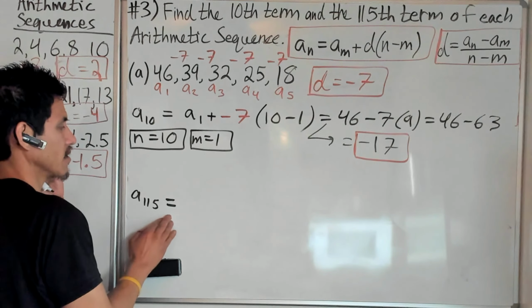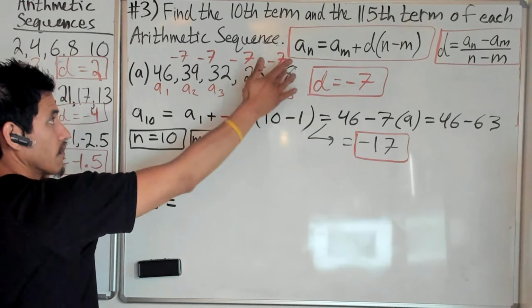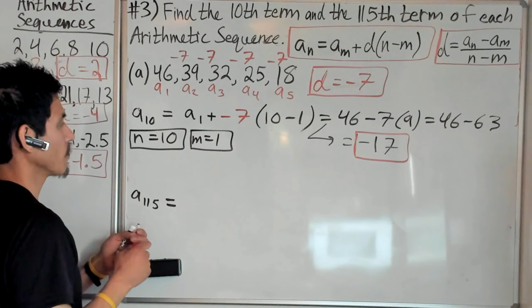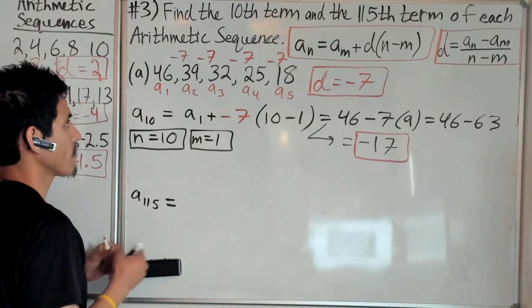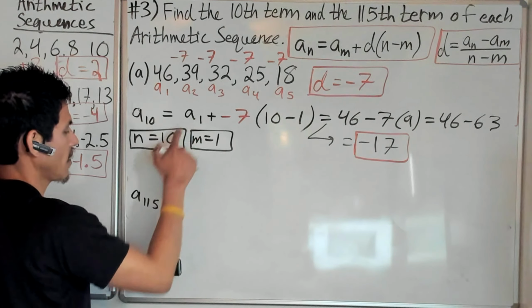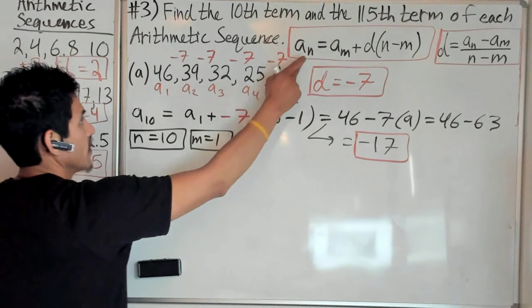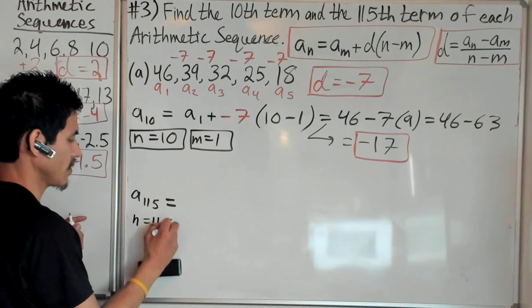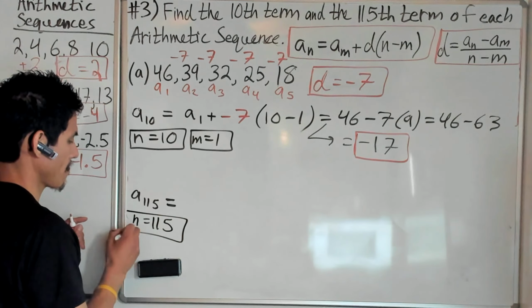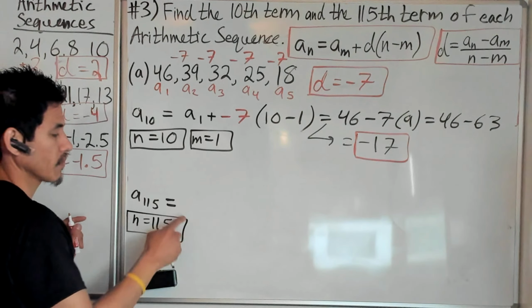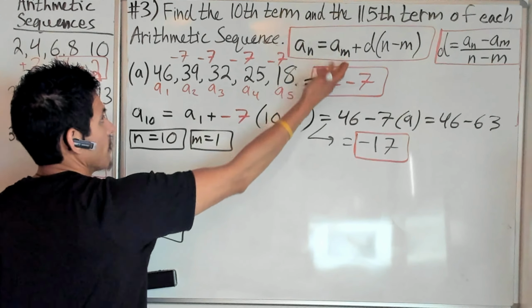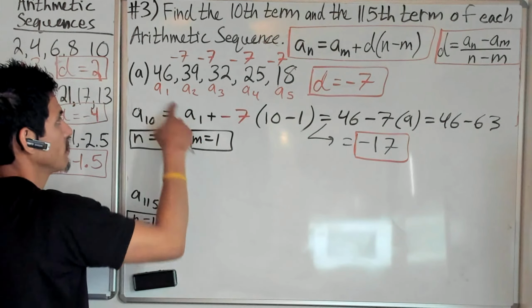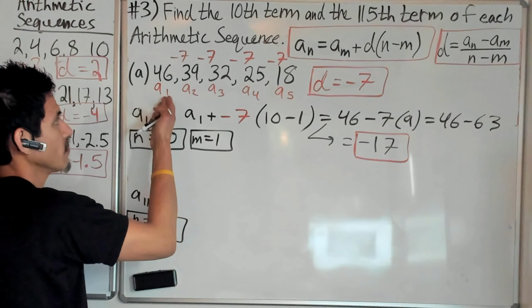If we want to find the 115th term in this sequence, we again pick A115. That's our an, so that means n is 115. And we need to find an am. Last time we picked am to be A1, but it doesn't have to be A1.